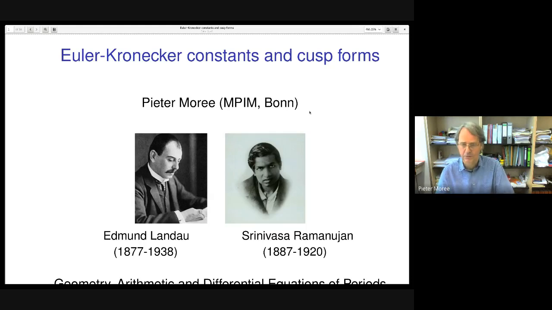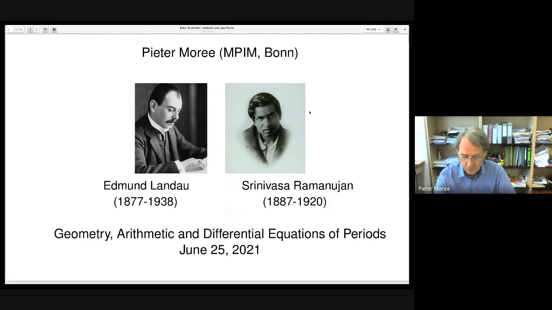On the other hand, Ramanujan was desperately poor, and so they were very different persons. Also, in terms of mathematical precision, Landau was very notorious for being extremely precise, and everything had to be very clearly proven. And Ramanujan, of course, was jotting down lots of things in notebooks, and so that was a huge difference.